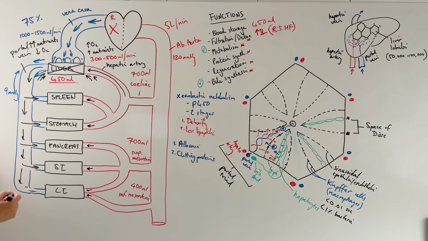Now, what ends up happening here is that the blood ends up leaking out of the portal vein into the abdomen, into the peritoneal space. So you now get fluid in the peritoneum, right? Into that peritoneal space.